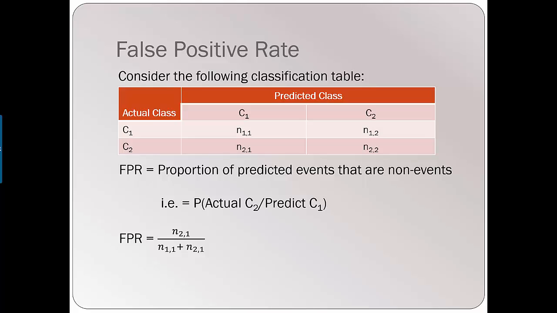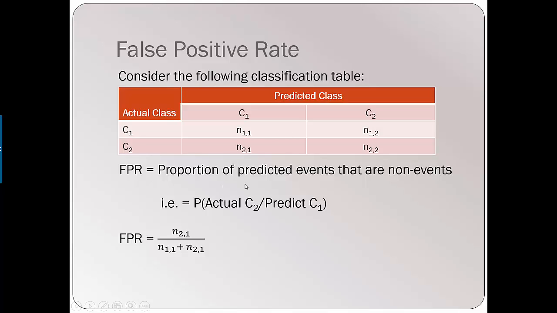Then there are two more, which are false positive rate and false negative rate. Sometimes these are interpreted wrongly by a lot of people. This is about, of all the events that you have predicted, how many of them are not actually events? Given you have predicted C1, of all the predictions you have made as an event, how many are non-event in proportion?